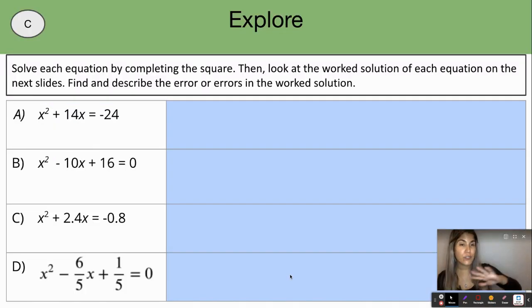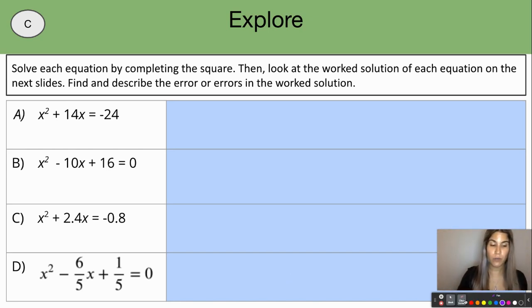So the first part of your Explore, you are asked to solve each equation by completing the square. Make sure you have your steps written down and that you are solving each equation by completing the square. Then it says, after you solve them, look at the worked solutions.